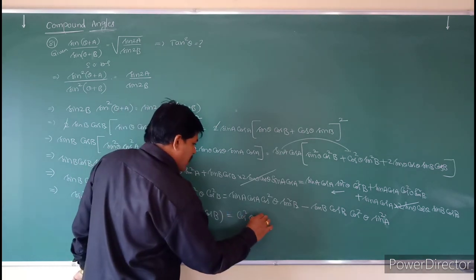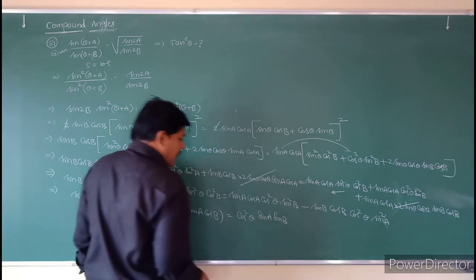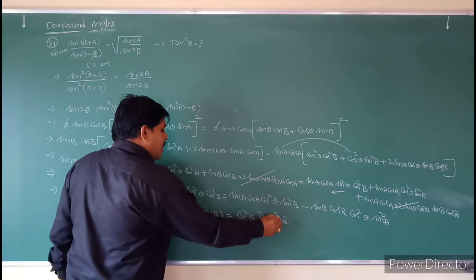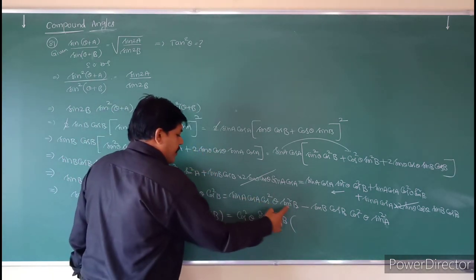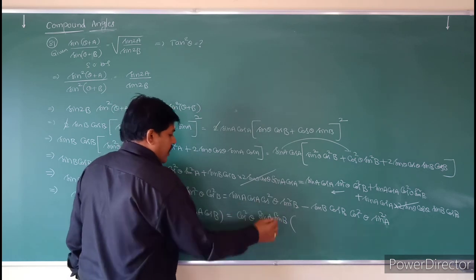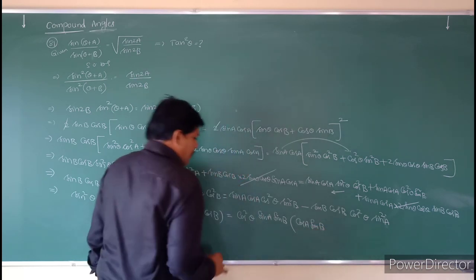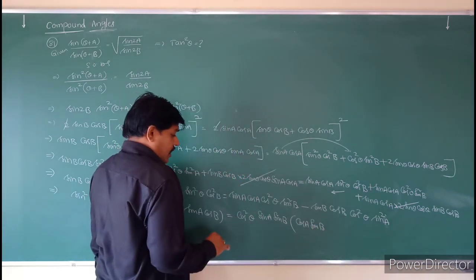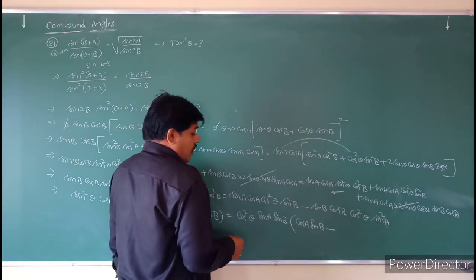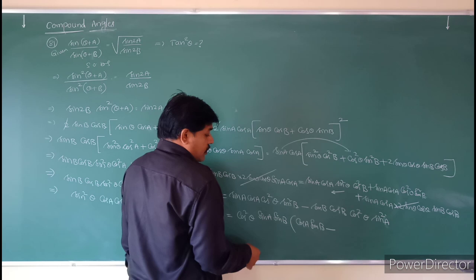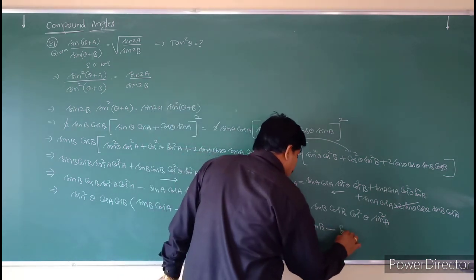So I will take sin A and sin B common. What remains, with sin A sin B taken common, is cos A sin B, so that is nothing but cos A sin B, minus, here on that side, sin A sin B taken common, so it will become sin A cos B.